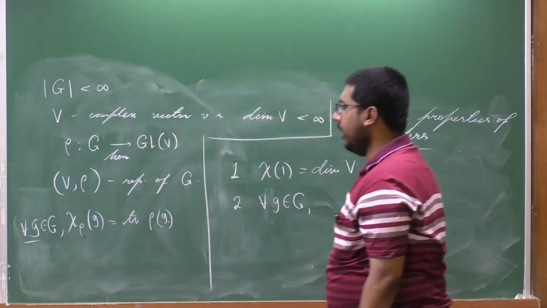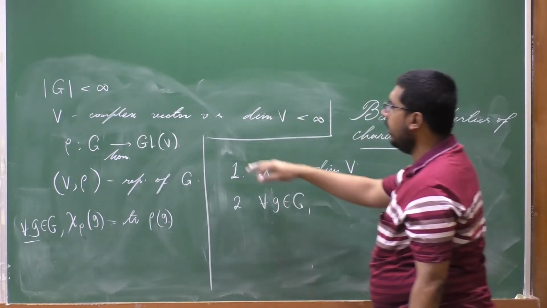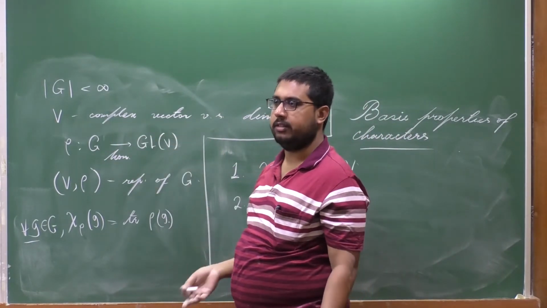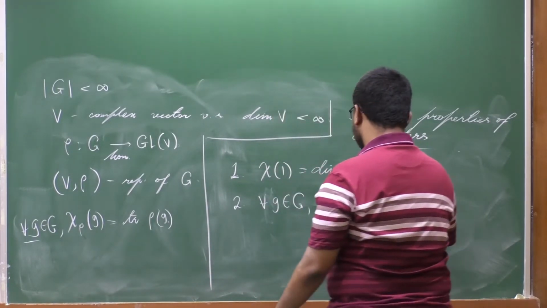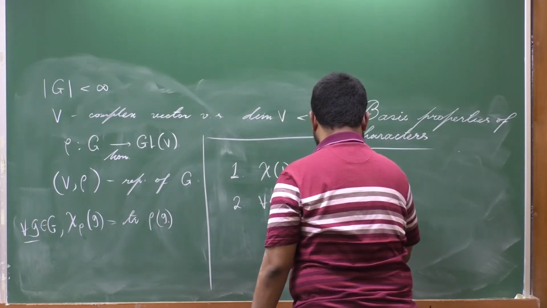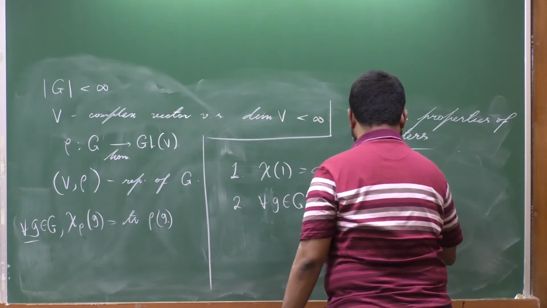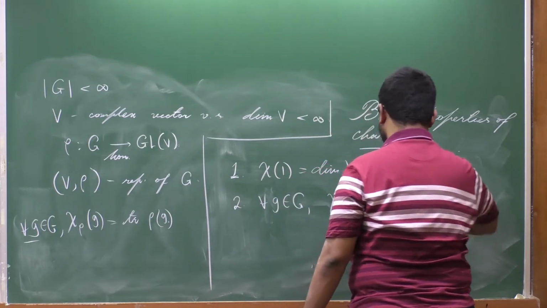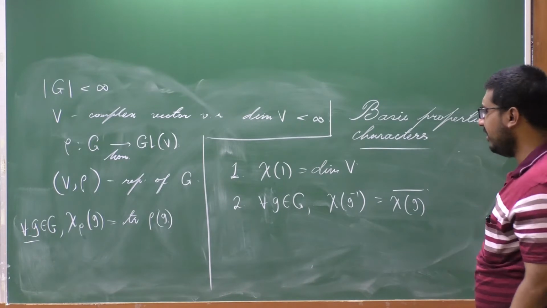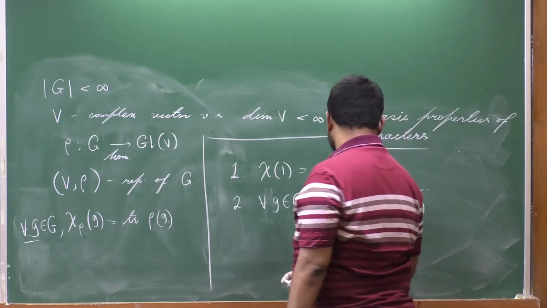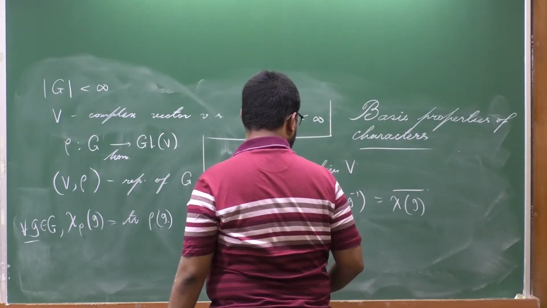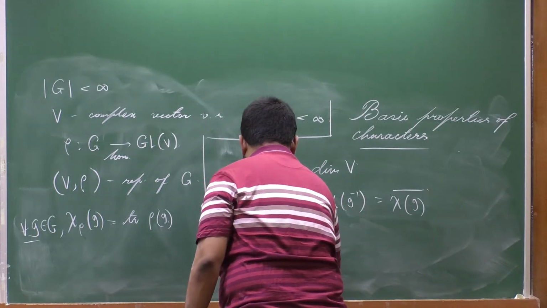The second one is actually slightly non-obvious, and this is where we are using that our vector space is over C. For this, chi of g is nothing but chi of g bar. Why is this true? Let me give you a quick argument. One thing is clear that the group is finite.